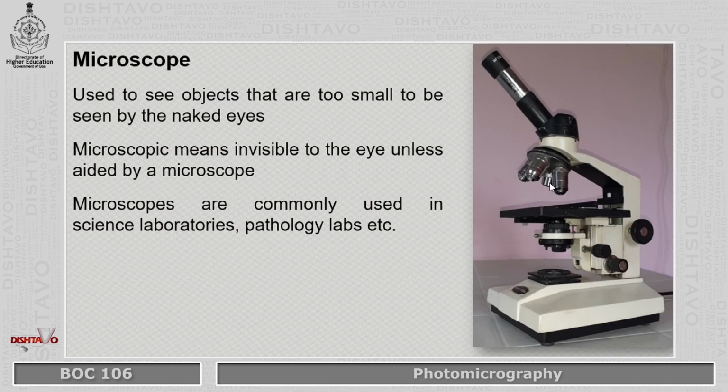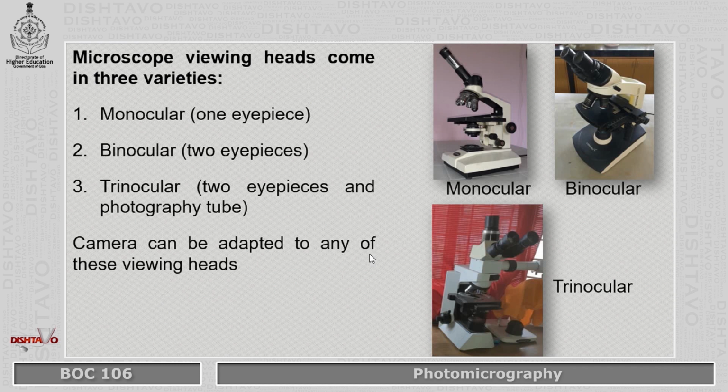Now, this is the microscope. A microscope is used to enlarge or see objects that are too small to be seen by the naked eye. Microscopic means invisible to the eye unless aided by the microscope. Microscope viewing heads come in three different varieties. You can see here monocular having only one eyepiece, binocular having two eyepieces, and trinocular having two eyepieces and a photographic tube.